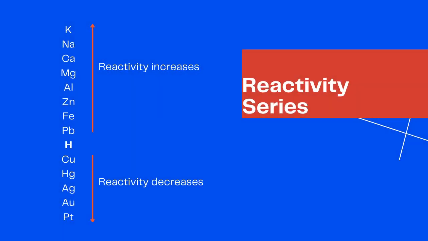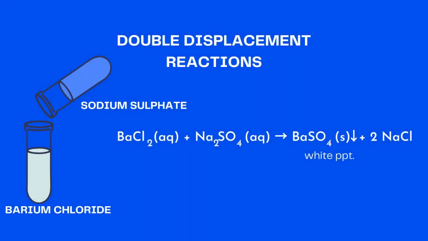So how do we know which is more reactive? That's why we have a reactivity series. The reactivity goes as per this: potassium, sodium, calcium, magnesium, aluminum, zinc, iron, lead, hydrogen, copper, mercury, silver, gold and platinum.